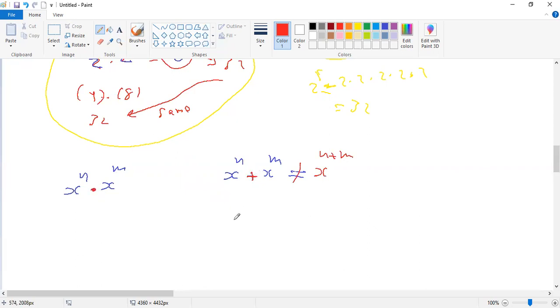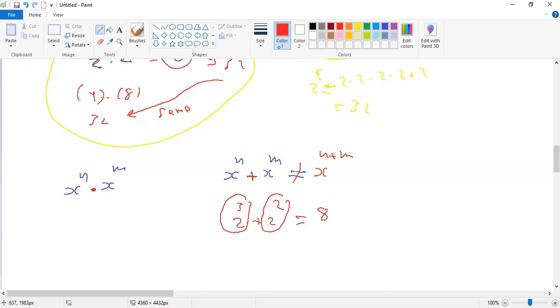Now example, if I say 2 cubed plus 3 squared. 2 cubed is 8. And 3 squared, let me give it the same base, 2 squared.